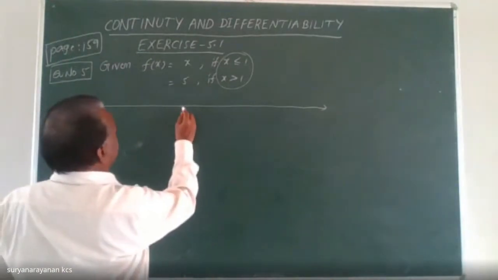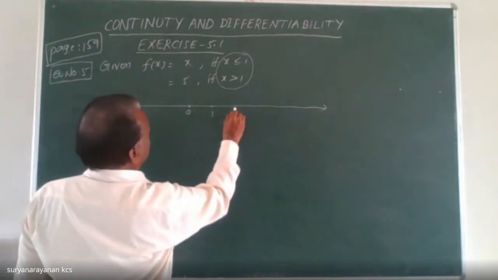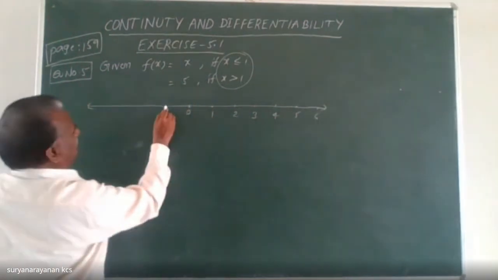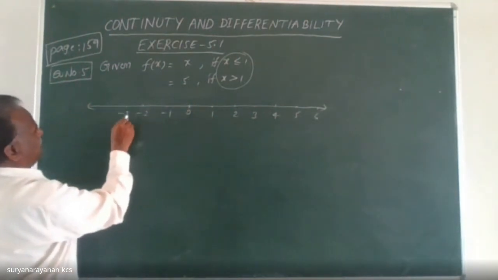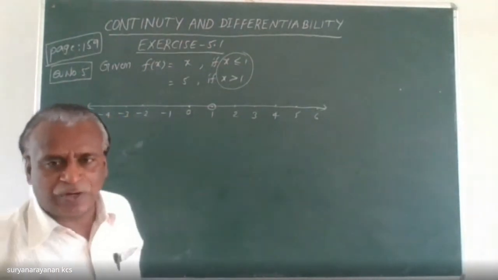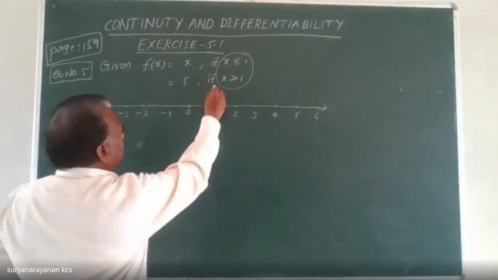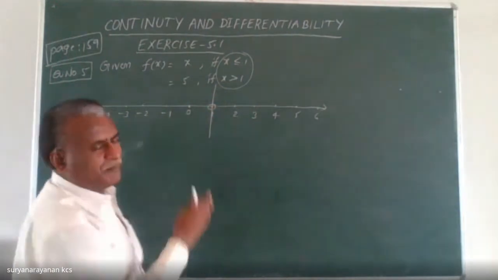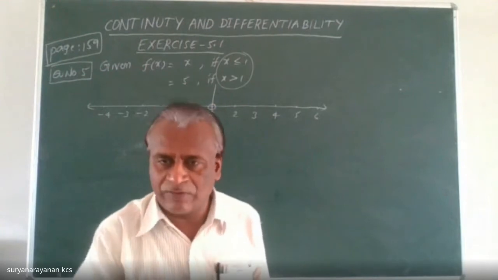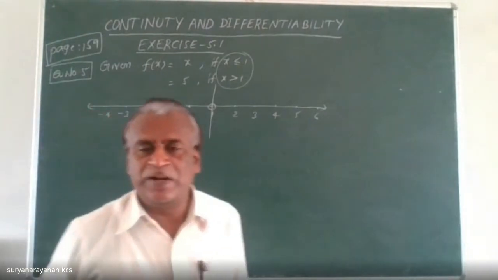So on this number line, 1, 2, 3, 4, 5, 6, minus 1, minus 2, minus 3, minus 4. At this point 1, it is defined in two different ways. So I'm dividing this number line into two parts, into two intervals. Minus infinity to 1. Please remember these points, Madison.